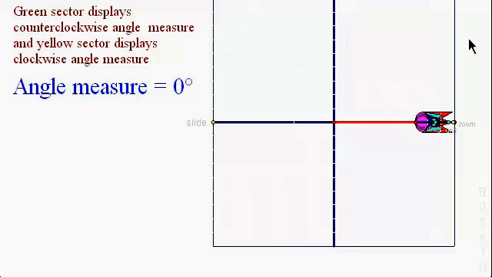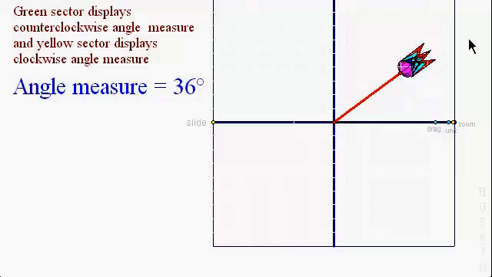Right now the terminal ray and the initial ray, the two rays forming the angle, are overlapping. Now I'm going to move the terminal ray. You can see the red segment is moving, and it has created an angle which is 24 degrees.